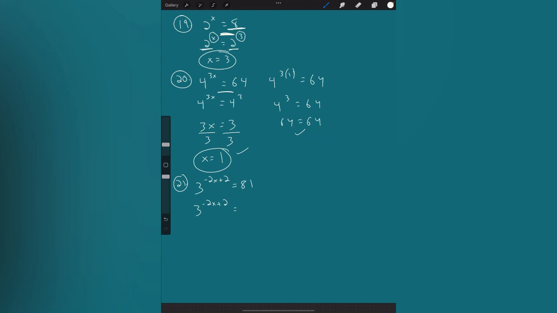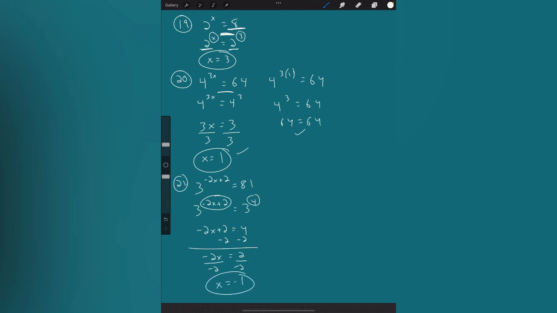I can say 3 to the fourth power is 81, which then means that negative 2x plus 2 is equal to 4, because the 3's are the same there. If I know they're equal to each other, then those two exponents must be equal to one another. So if I subtract 2 from each side, I get negative 2x is equal to 2. Divide each side by negative 2, and I get x is equal to negative 1.